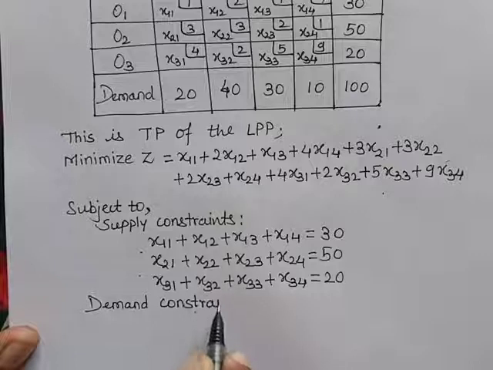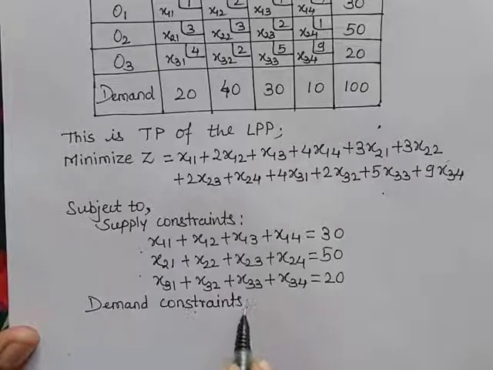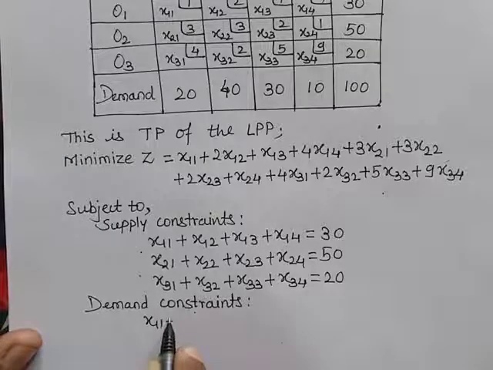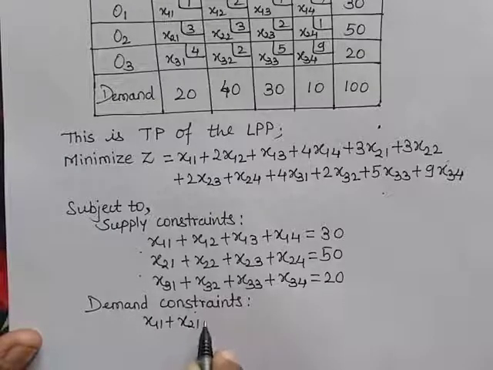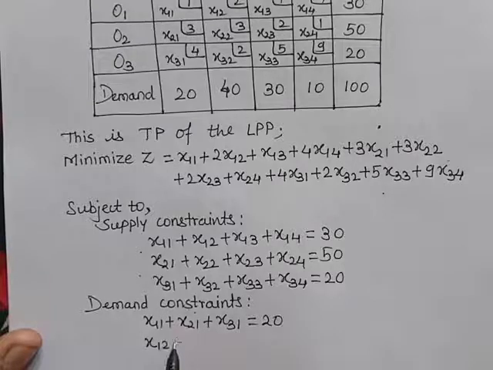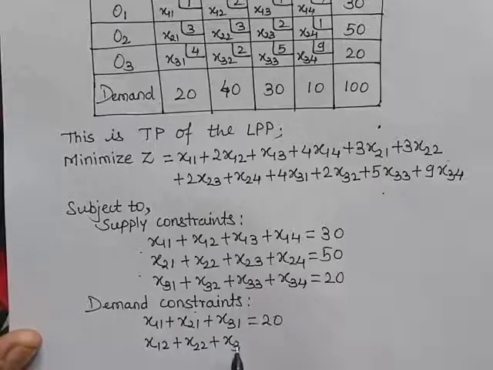Now demand constraints. Let's write the demand constraints. So x11 plus x21 plus x31 equal to 20. x12 plus x22 plus x32 is equal to 40.